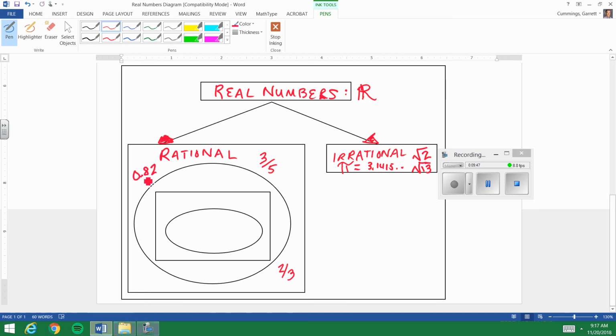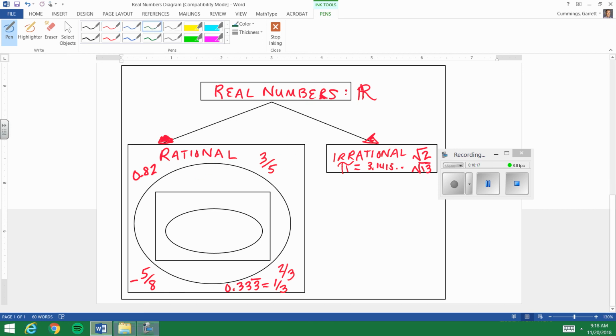That is a rational number. I can represent that as 82/100, the ratio between 82 and 100. How about -5/8? How about the repeating decimal 0.333 on, which hopefully some of you know is the fraction 1/3. Those are all rational numbers. They can be represented by a fraction.